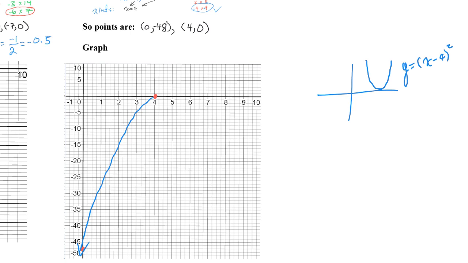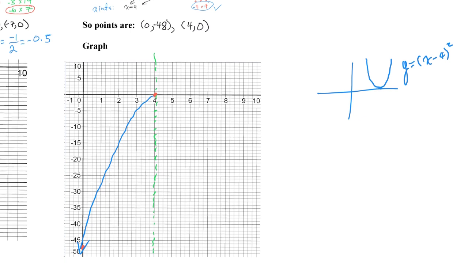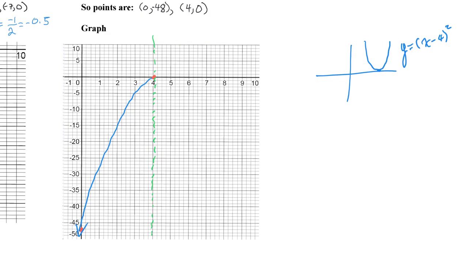And because our vertex is plotted nicely, we can go and set up our axis of symmetry. All we have to do is find a point that's exactly 4 over from here on this side. So I'm just going to readjust my screen a little bit, and find that point. 4 over to the left at 48.